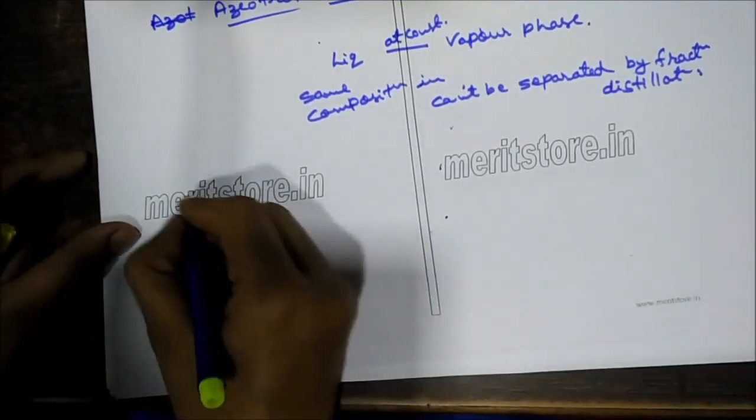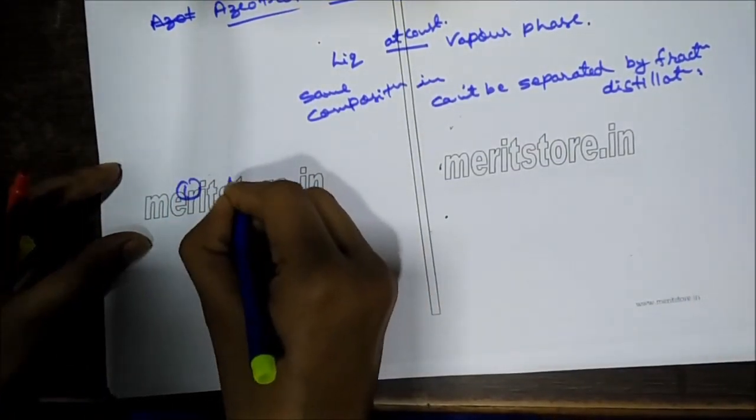Two types of azeotropic mixtures are there. First, minimum boiling azeotropes.